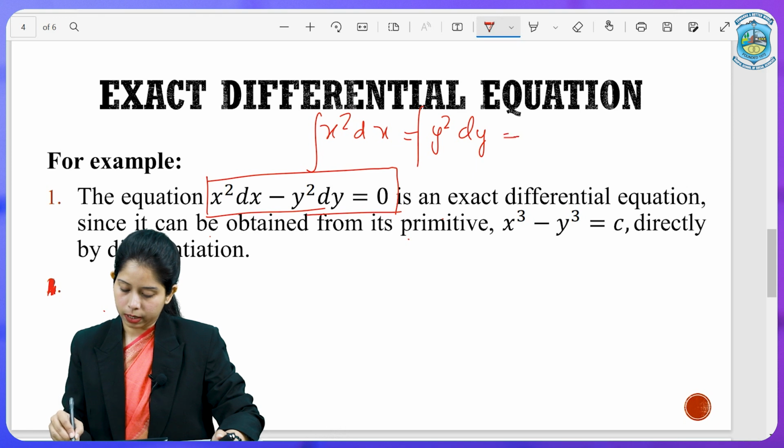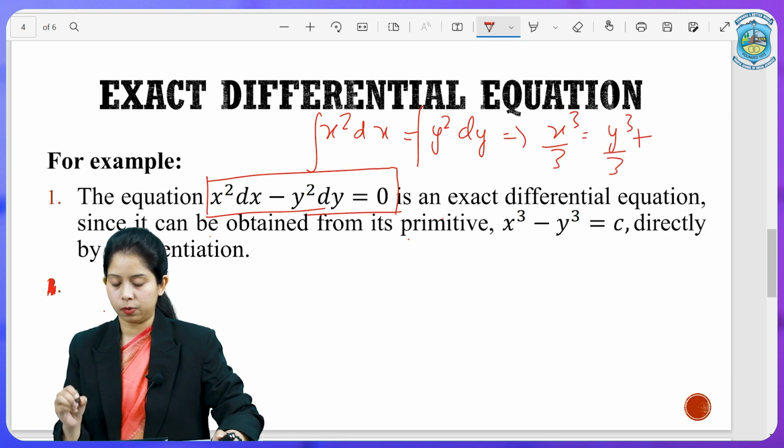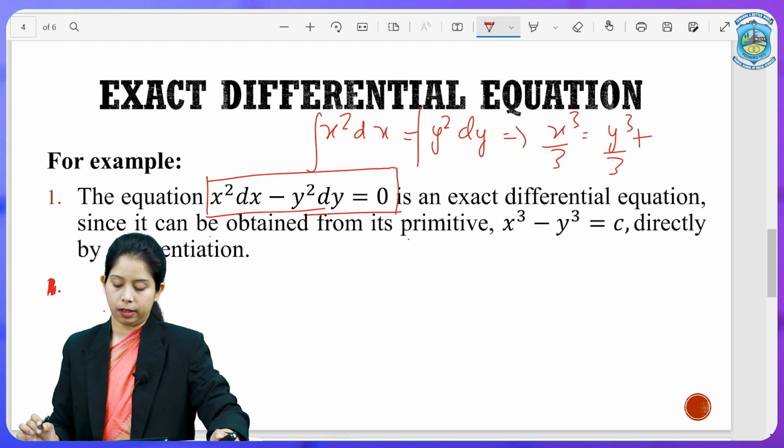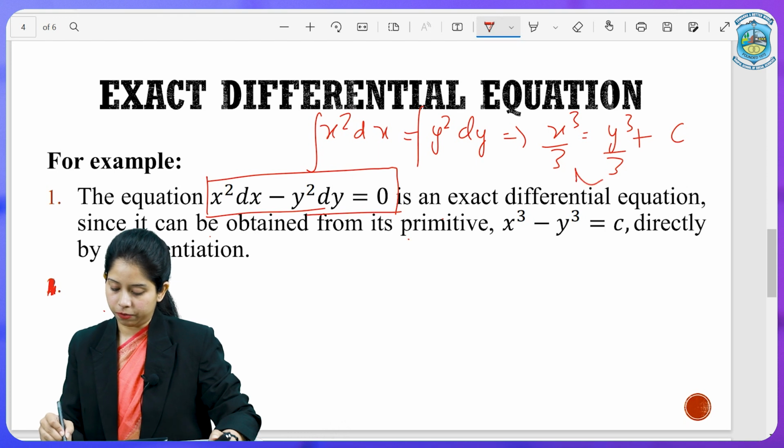So by using the power rule, integration of x square will become x cube by 3, integration of y square will become y cube by 3, and since we are dealing with indefinite integrals, we will have to add the constant of integration. So shifting the function to the left hand side, we have x cube by 3 minus y cube by 3 is equal to c1.